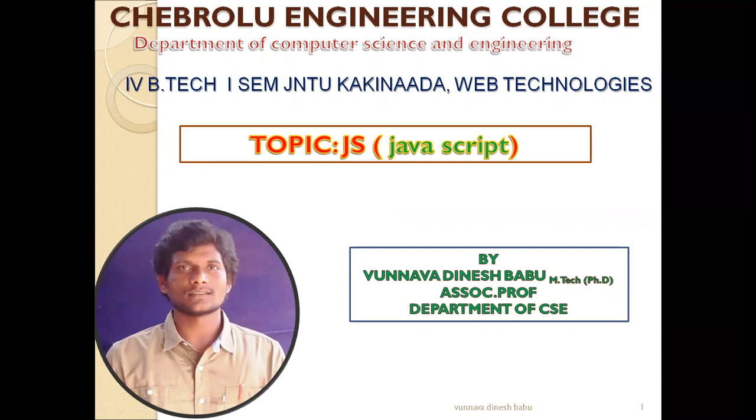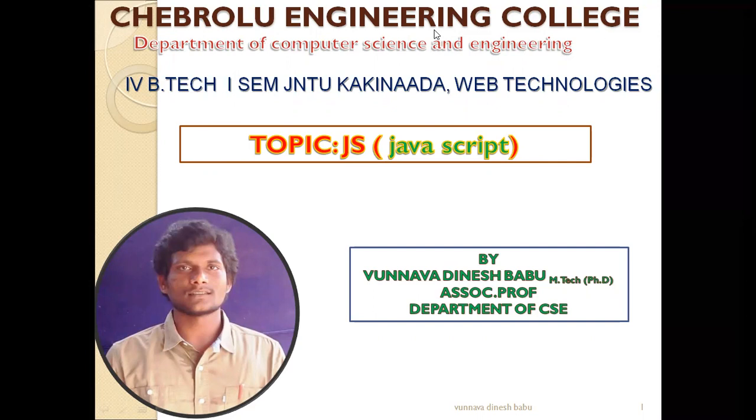So far we have completed up to 8 or 9 sessions in JavaScript. Especially in the last session, we discussed the messages under the window object. We have studied that there are three different message boxes: confirm, alert, and prompt.